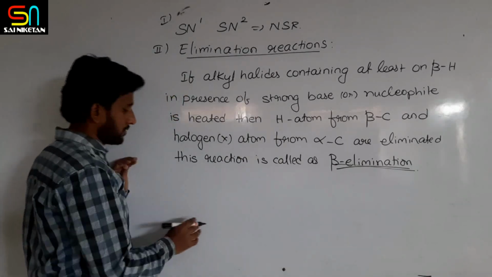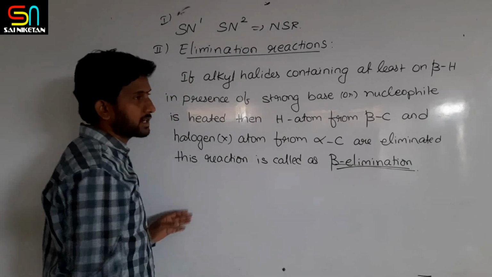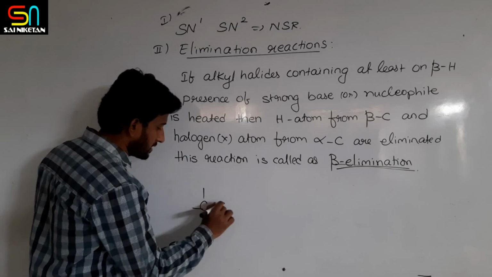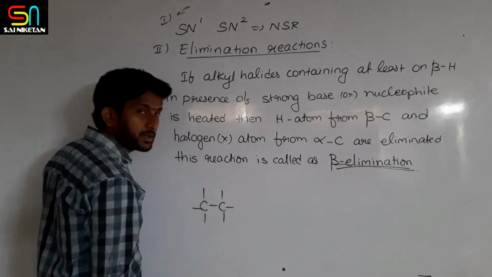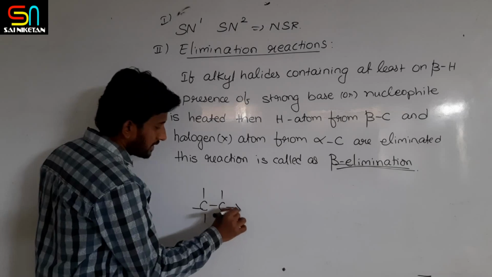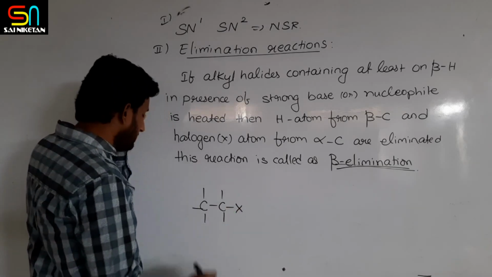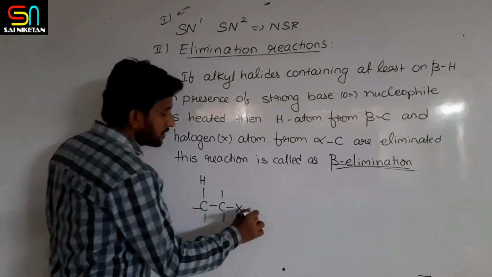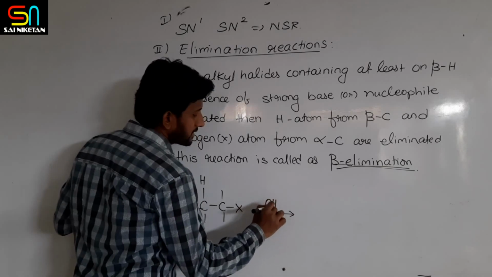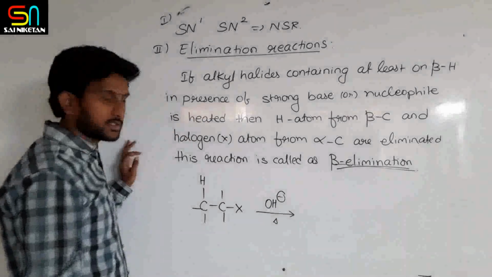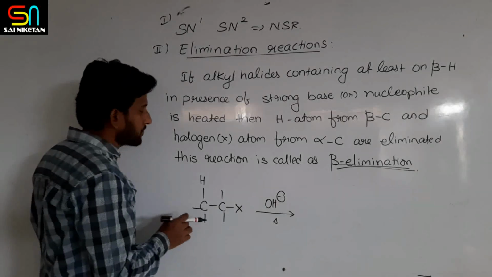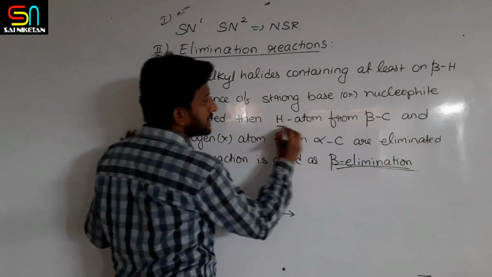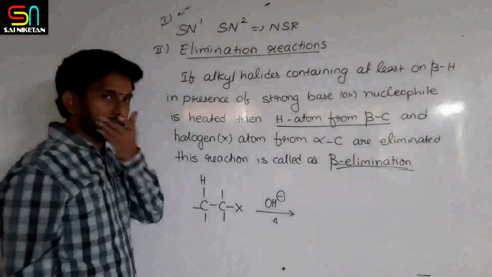Example, I'll first show you what is alpha carbon, what is beta carbon, and how the elimination takes place, right? Let us assume there are two carbons like this. On one carbon, let us assume one halogen atom is present and the other carbon contains hydrogen atoms. We are heating in the presence of a base, let us assume OH minus. Now first of all, what is beta carbon?